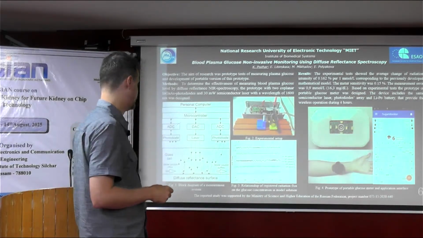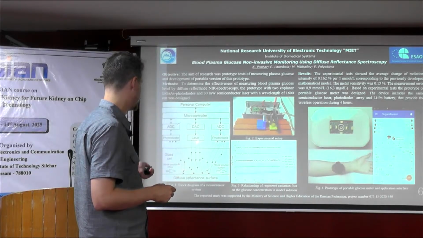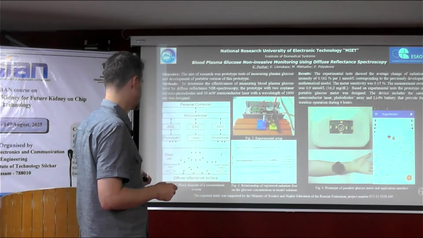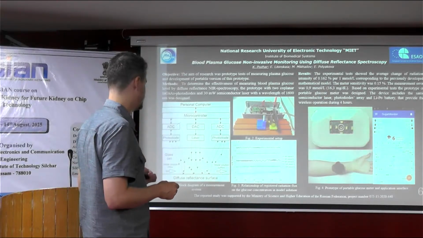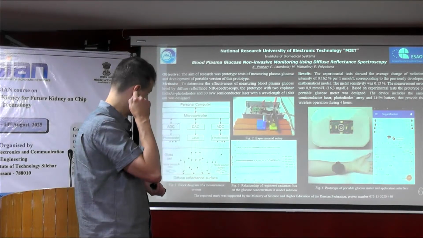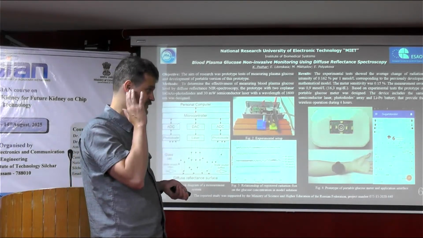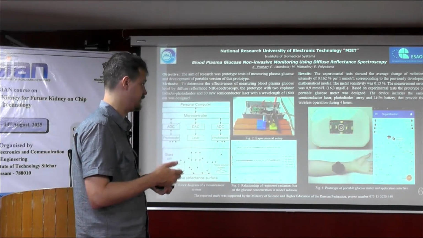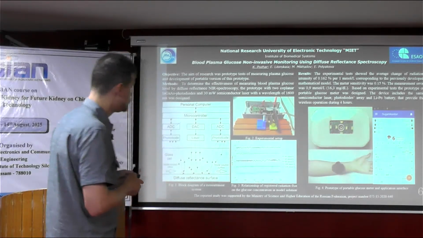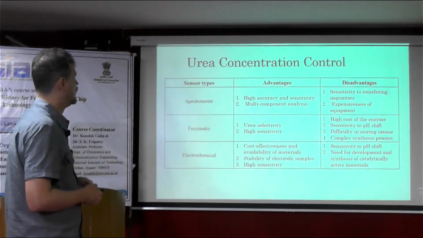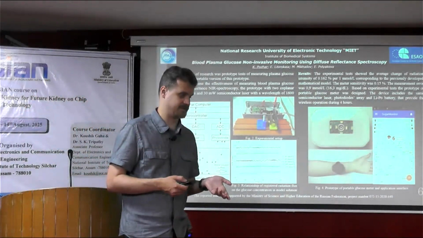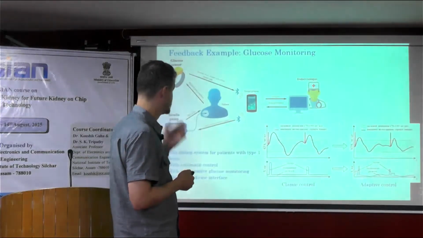The idea is that the reflection of the signal to the photodiodes can provide us good information about what particular optical properties we receive from there. And we can recalculate these parameters to the glucose concentration. Basically, that's just one example of how these biofeedback loops can be implemented.